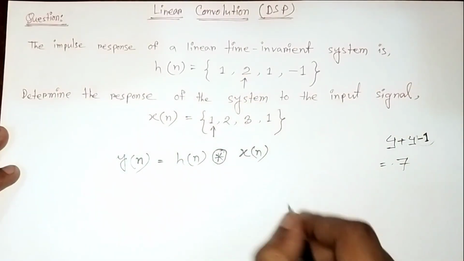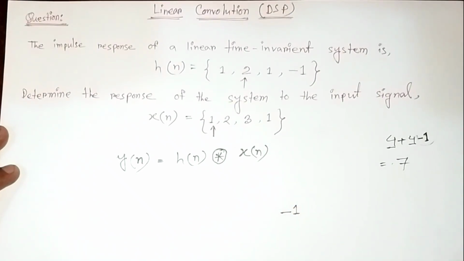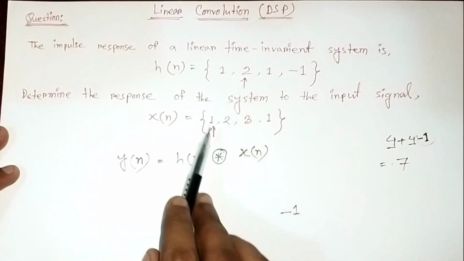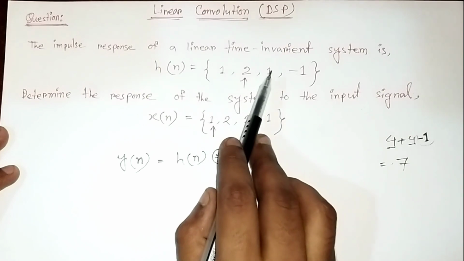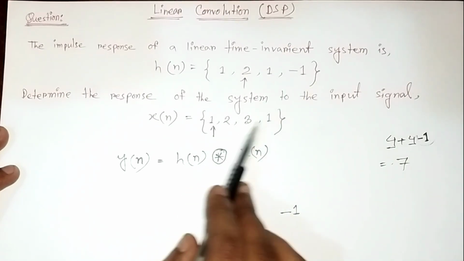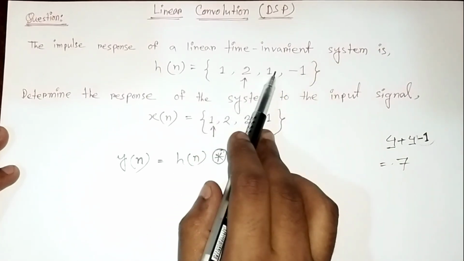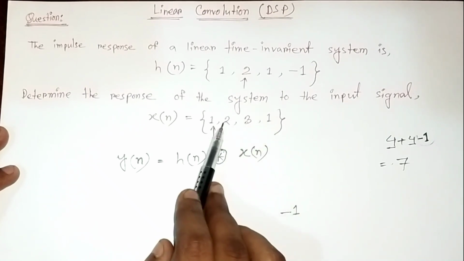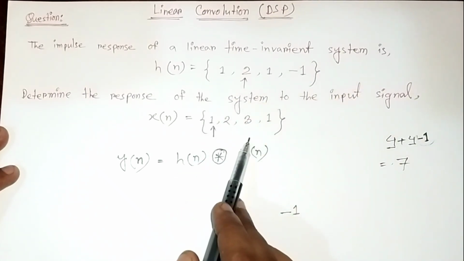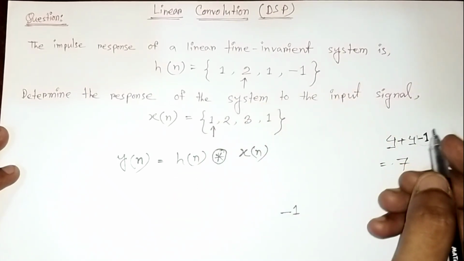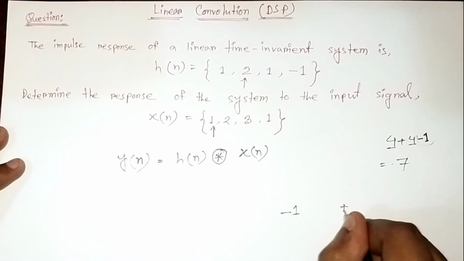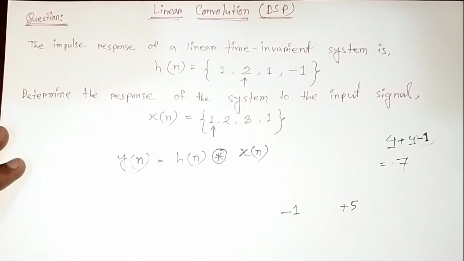As it represents left, we'll use -1, and on the right side of the arrow we can see 1, 2, 3, 4, 5. In total there are 5 elements on the right side of the sequences. As it represents the right side, we'll use +5.